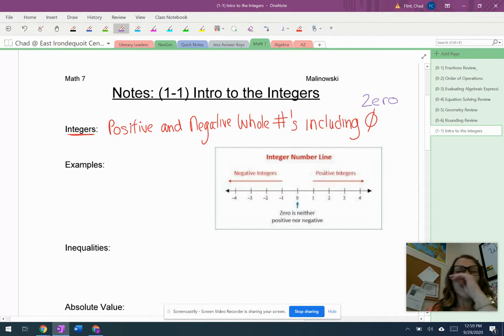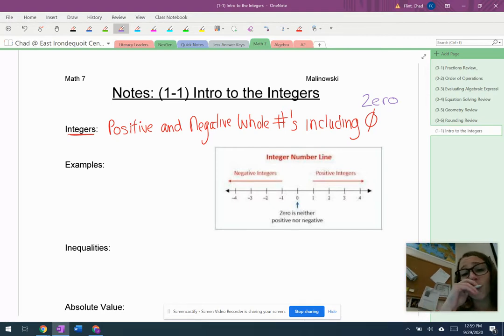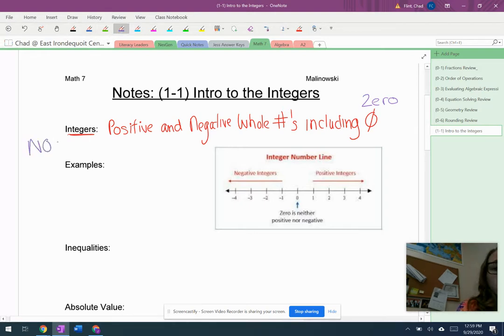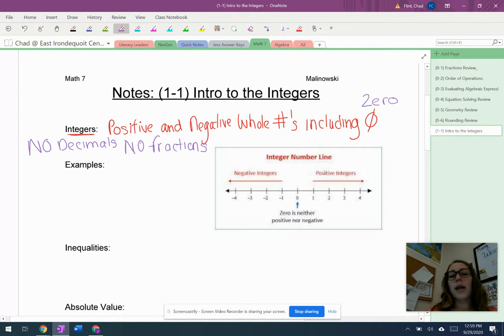So my zeros, I just usually draw the line through them like that. So integers, positive and negative whole numbers, including 0. And when we're talking whole numbers, that means no decimals, and along with no decimals means no fractions also. So integers, positive and negative whole numbers, no fractions, no decimals. And 0 obviously is included.